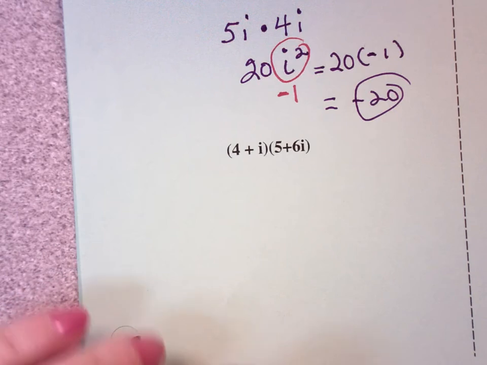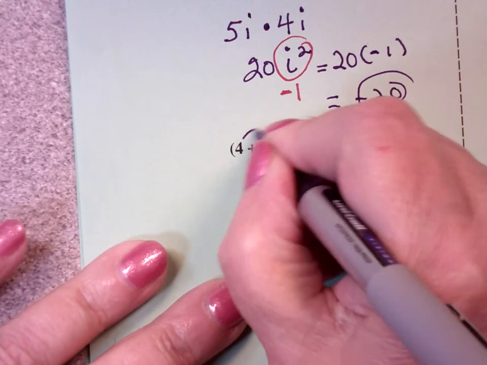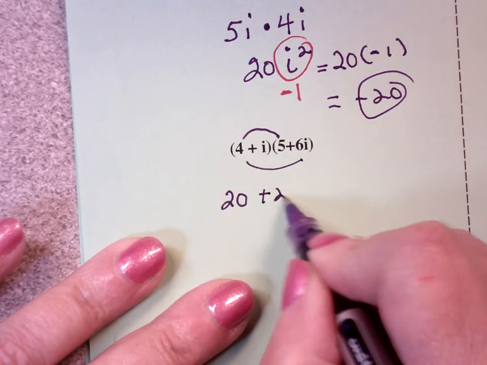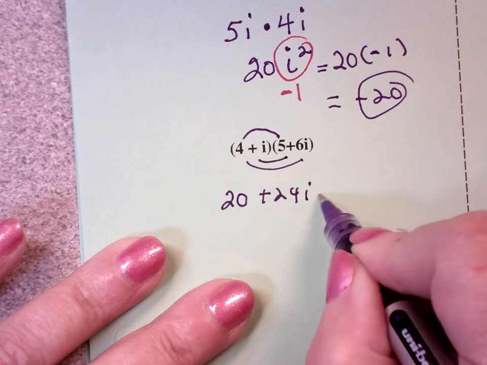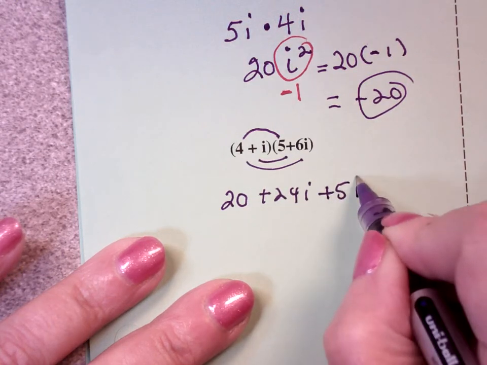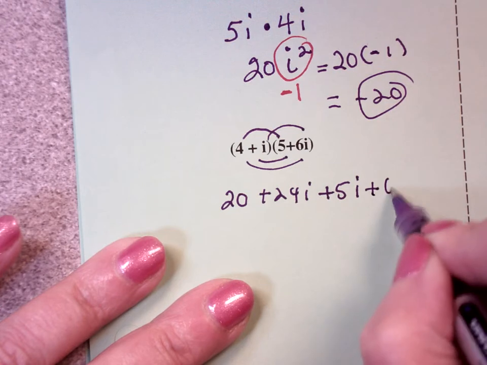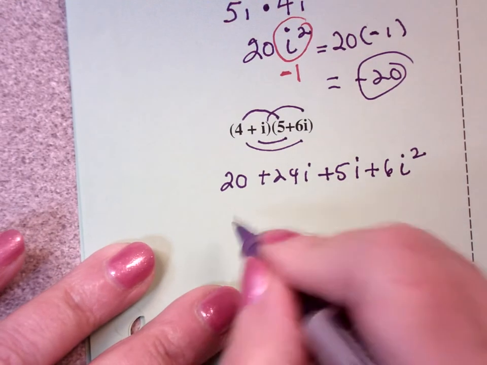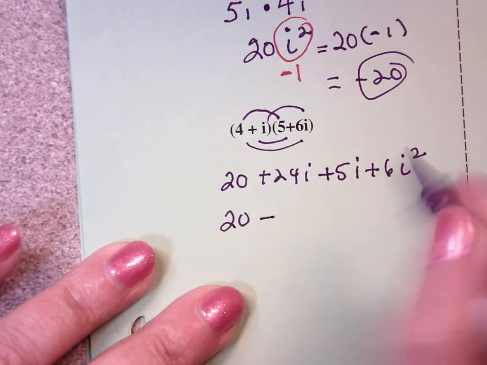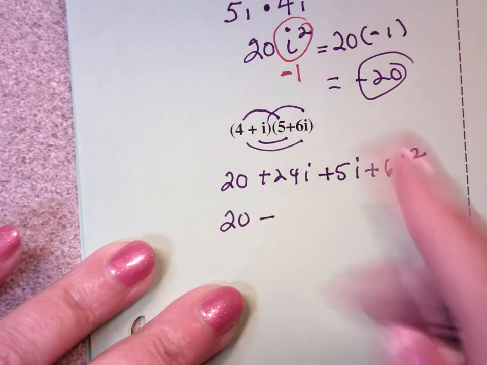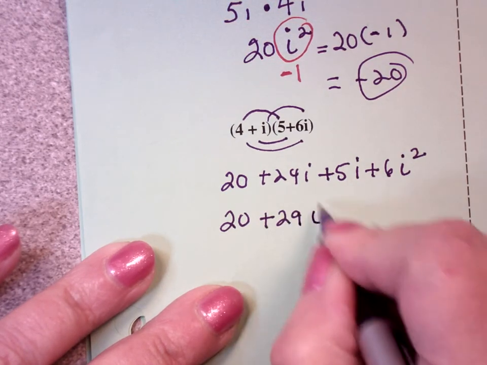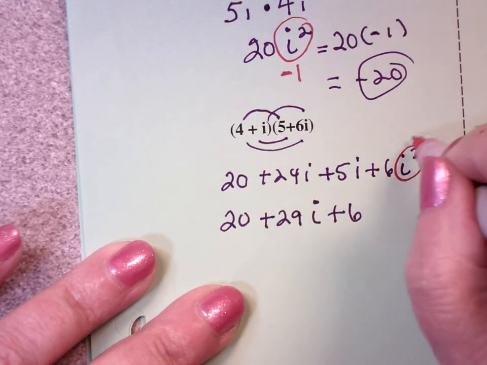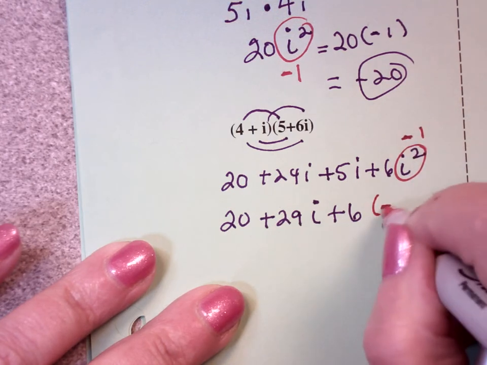Now, binomial times a binomial, we FOIL it, right? First, 20, outer, plus 24i, inner, plus 5i, last, plus 6i squared. You treat it just like x's. So 20, 24i plus 5i is 29i, plus 6, and we know that i squared is negative 1, so it's 6 times negative 1.